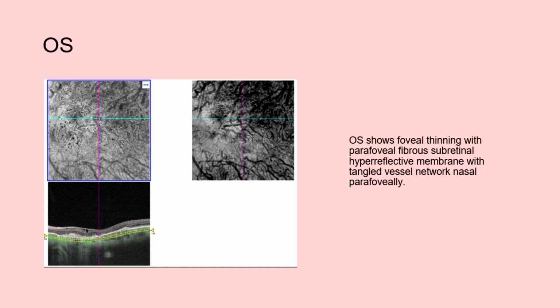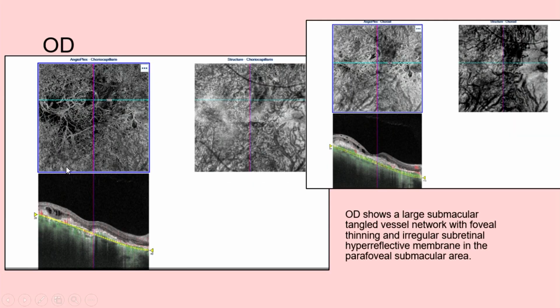The left eye shows foveal thinning with a parafoveal fibrous subretinal hyperreflective membrane. This right eye OCTA picture shows large submacular tangled vessels with OCT showing a subretinal hyperreflective membrane in the parafoveal region with overlying schitic retina. This is the outer retinal tubulation.